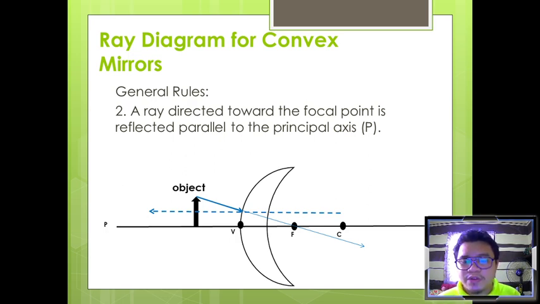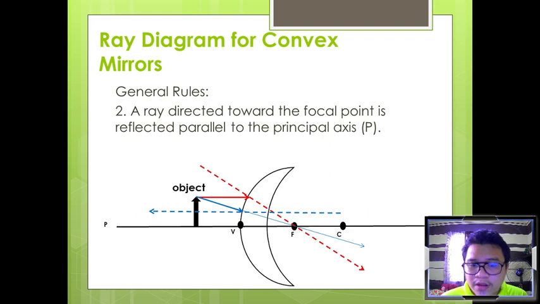As you can see, I simply identified where the light rays struck the surface of the mirror, and from that point, I reflected my light rays parallel to the principal axis. Let's go back and trace rule number 1 again, and you can see this is how your ray diagram construction should look. And let's move on to rule number 3.